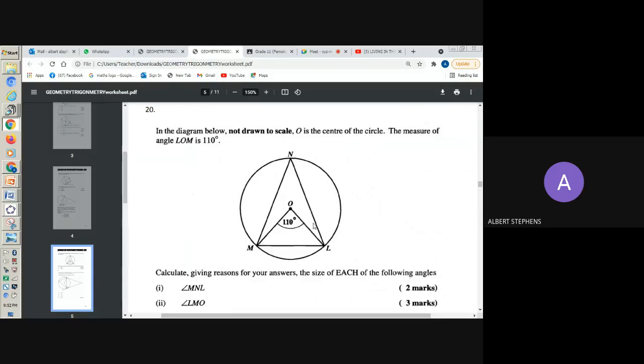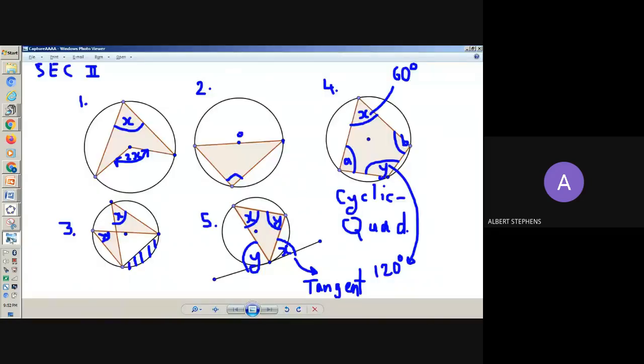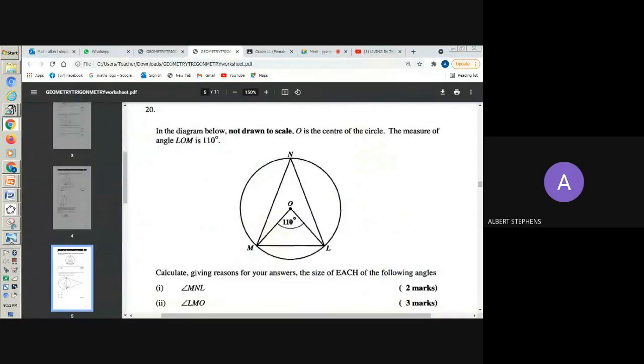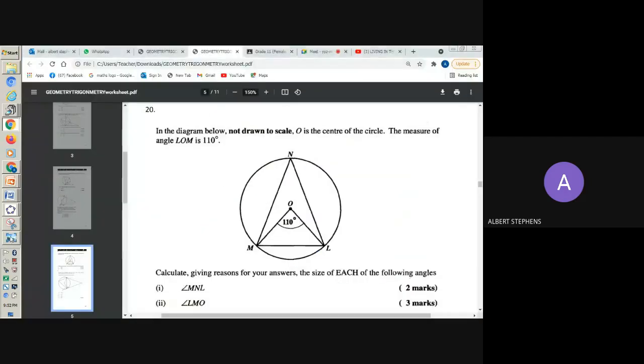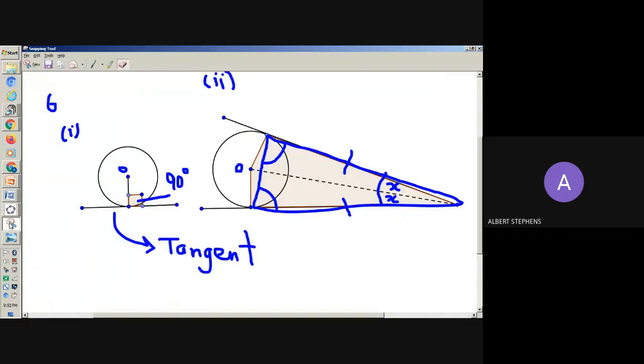Try to see how many different diagrams you can get. Is it diagram 1, diagram 2? So these are the diagrams. I think I have a prettier diagram somewhere on WhatsApp. But is it diagram 1, 2, 3, 4, 5, or 6, 1 or 6, 2?